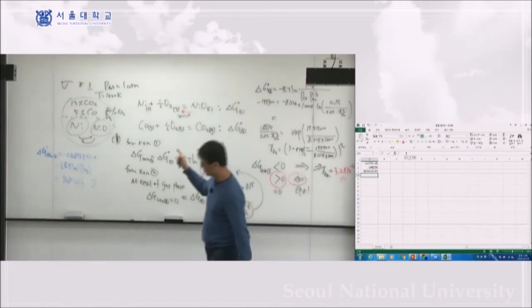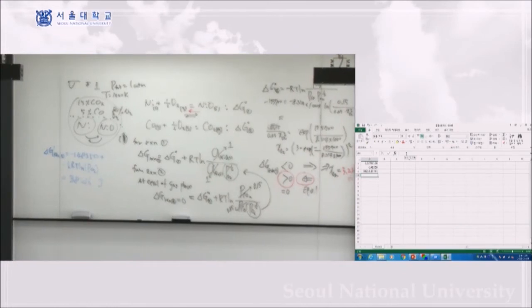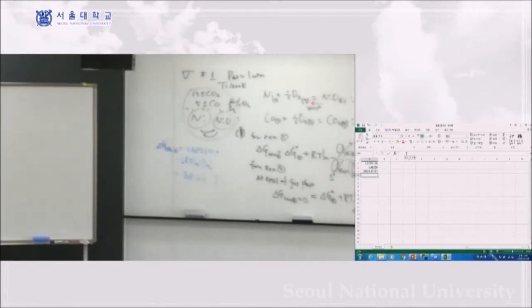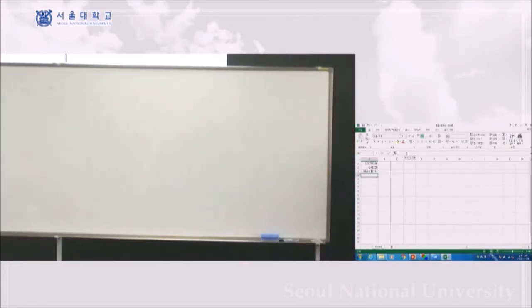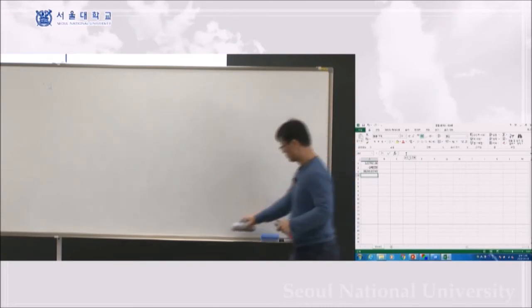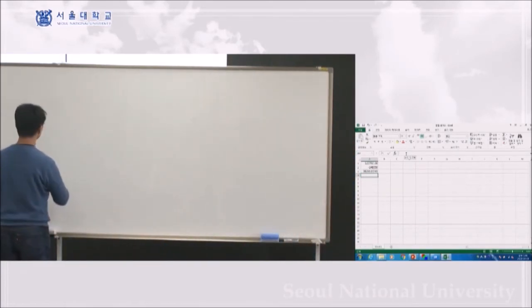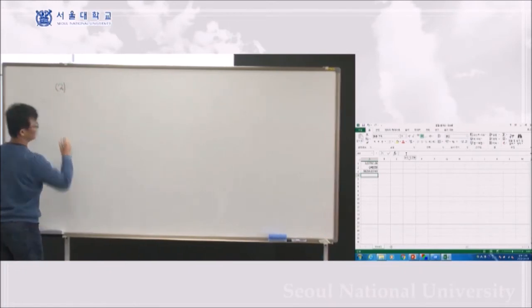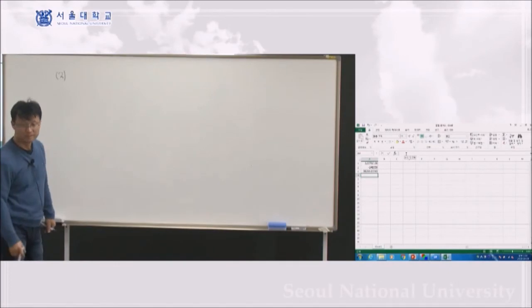This is one of the first ways we can do this calculation. So now, how about the second way? We just combine reactions 1 and 2. Then it's much simpler.